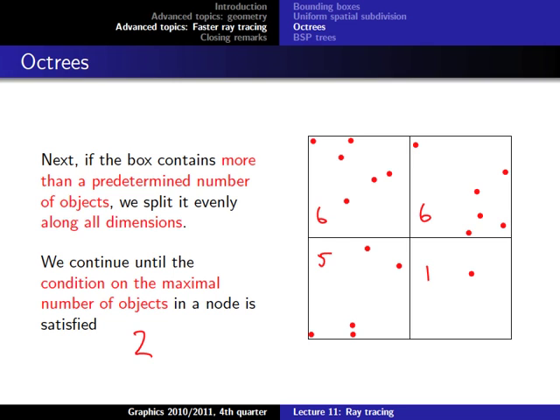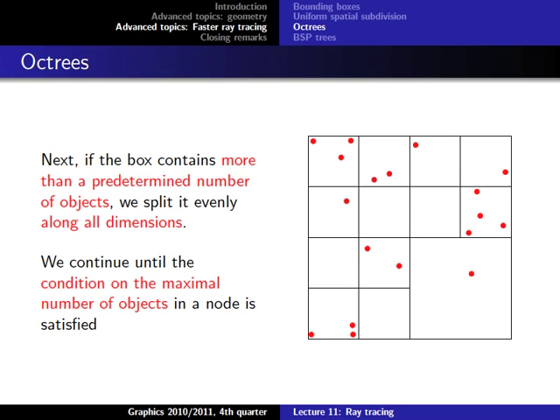If we split that cell further, then we do a lot of unnecessary intersection tests. So for example, if we do this even further, we have to do here 1, 2, 3, 4, 5, if a ray goes through here. But there is just this 1 object, so we just leave it that way. So we don't do this separation here, but we only split the parts where we have more than 2 objects.